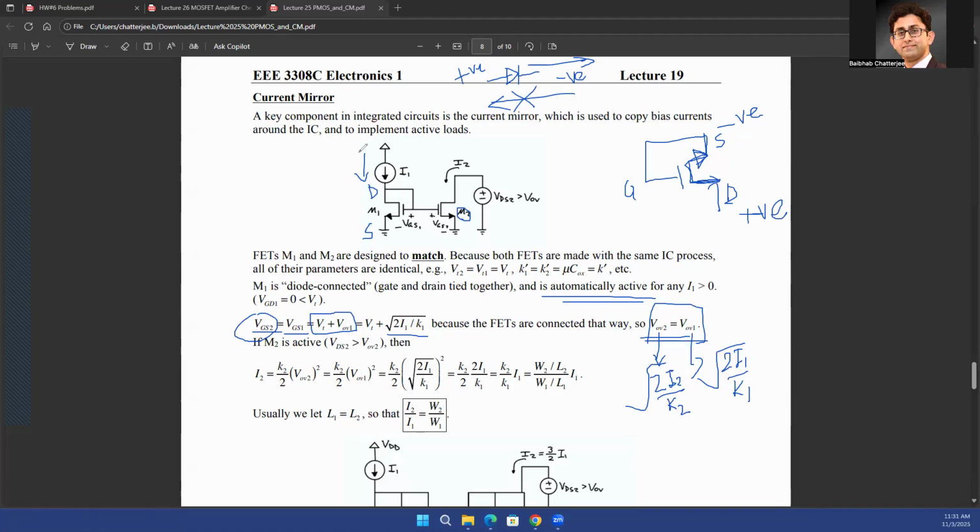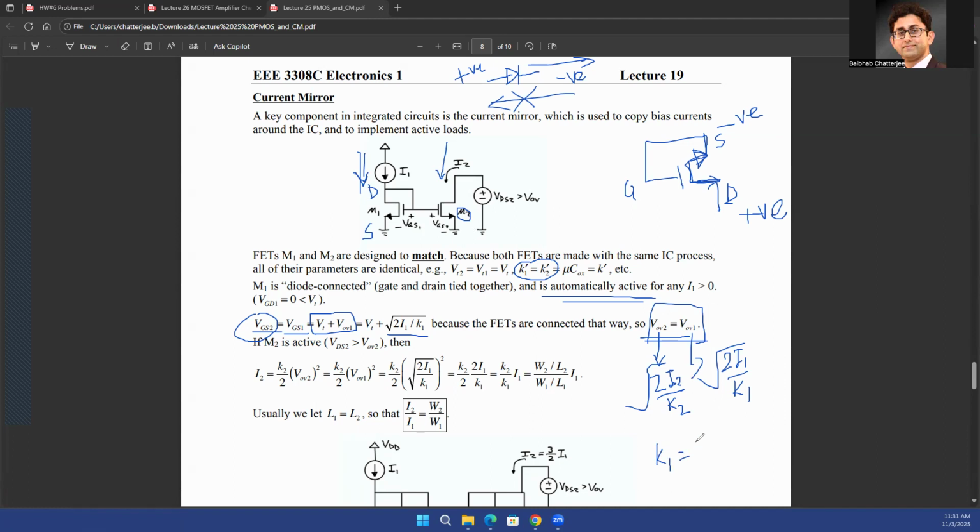Which means that whatever current was flowing through the transistor M1 has to be the same current that flows through the transistor M2. But there is only one single catch here: we just assumed that K1 is equal to K2, but in the assumption, it was K1 prime equal to K2 prime.